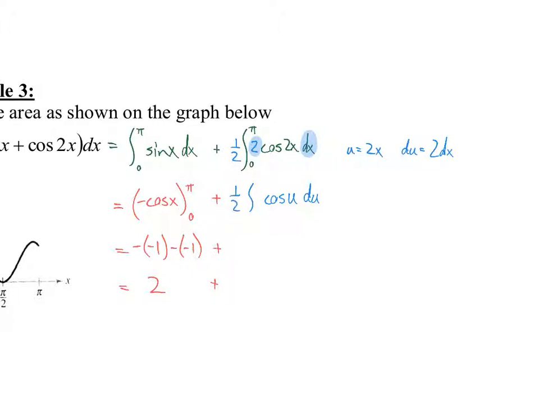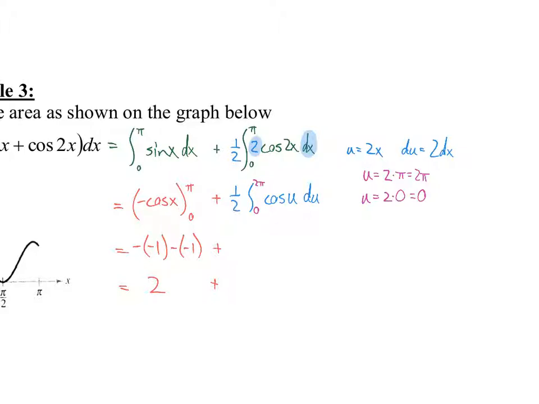The bounds here: x was 0, so u is 2 times 0, which is 0 for the lower bound. But then it's 2 times pi, or 2 pi, for the upper bound.